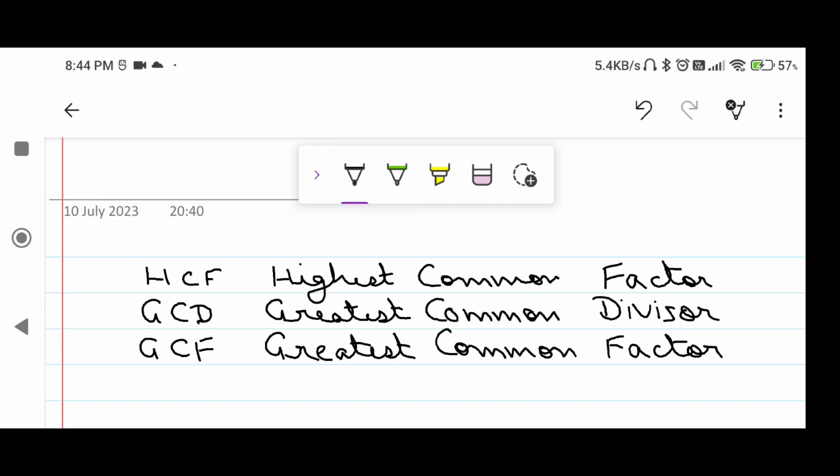So as you can see, there is a word which is present in all the three full forms, and that word is the word common.